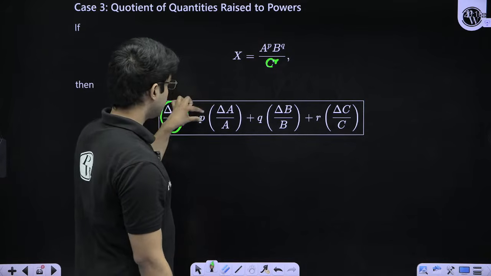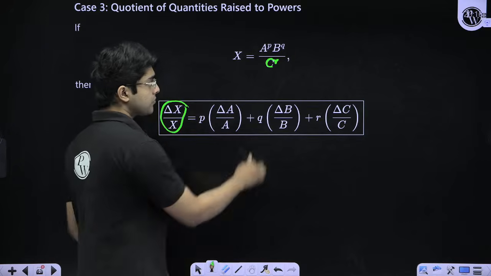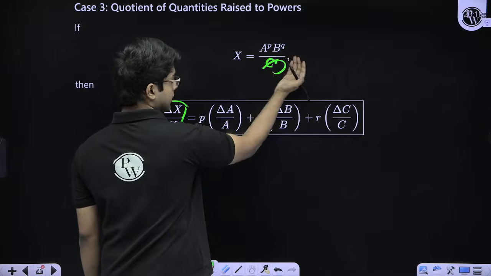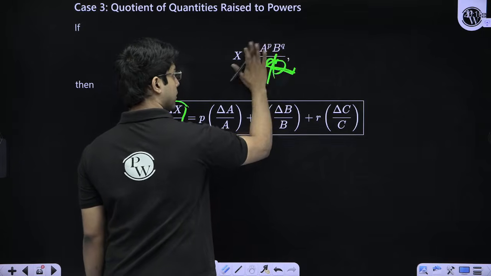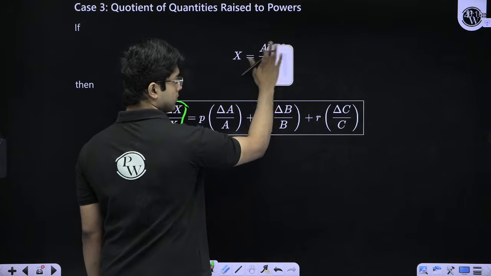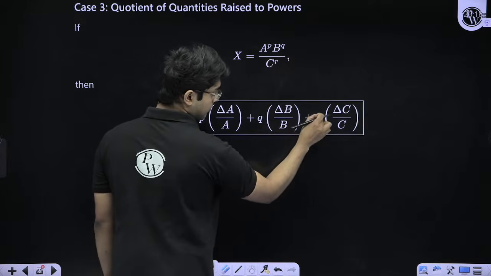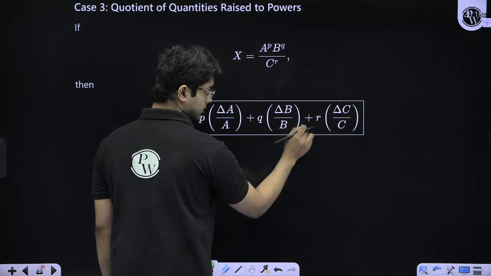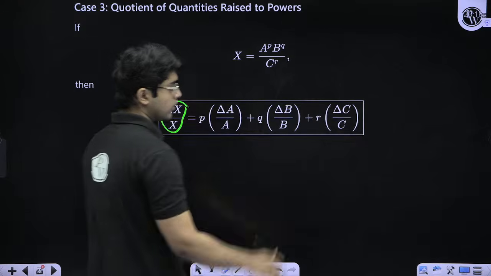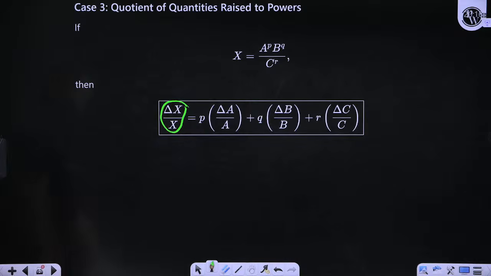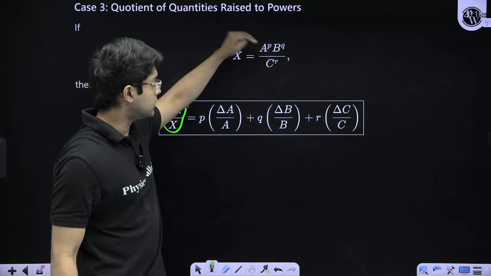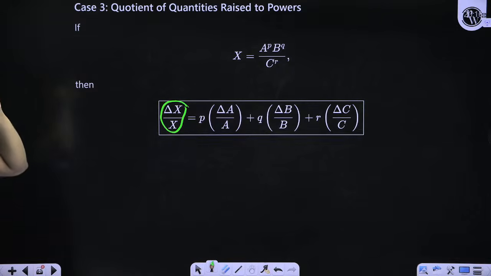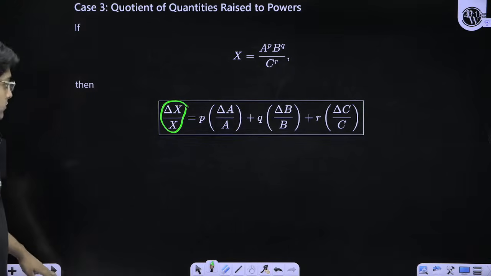P will come here into relative error of A. Q will come here into relative error of B. Now here the thing is, if the power of C is R, then R itself will come here. It's not minus R that will come. It is R itself into relative error of C. Okay. So even if you're dividing with C raised to R or multiplying with C raised to R, it's the same.